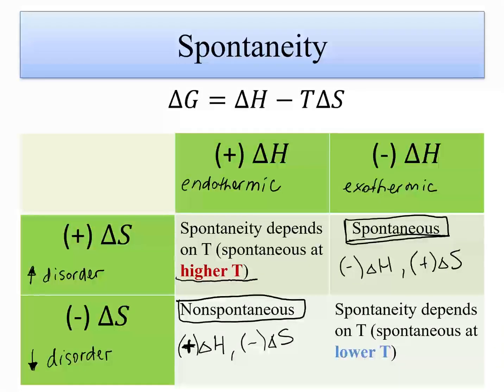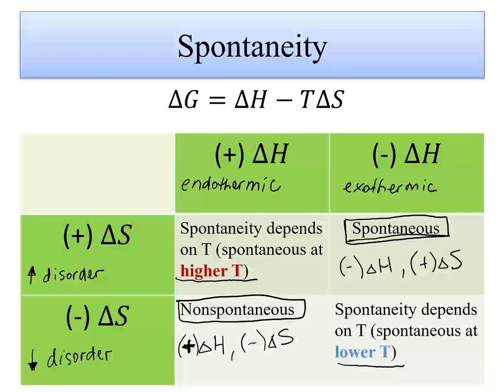If we have an exothermic reaction with favorable delta H and the heat is released, but the molecular disorder is going down, so negative sign of the delta S, in this case, this reaction will depend on the temperature, and it will be spontaneous at lower temperatures.